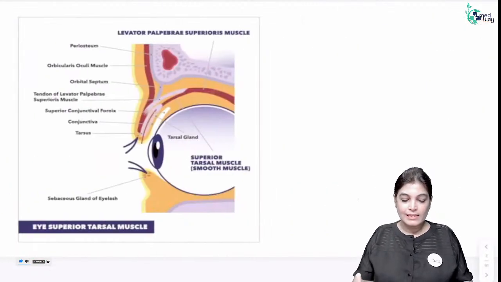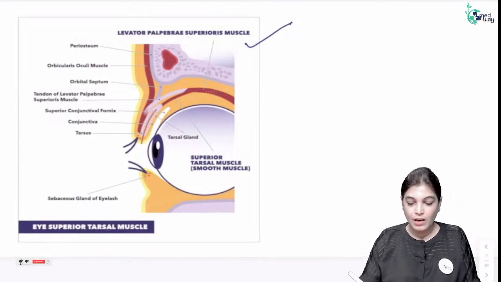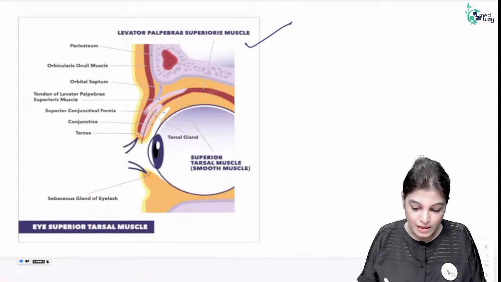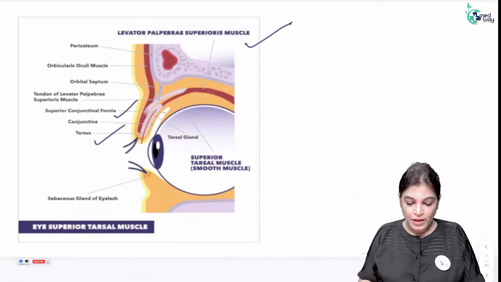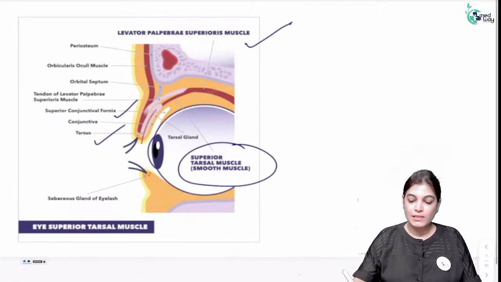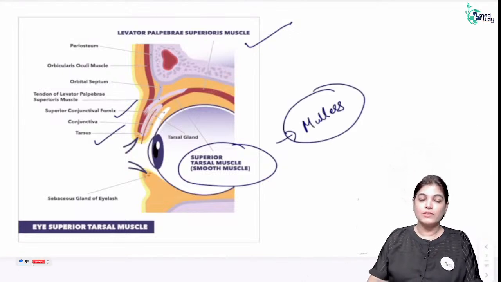Here we can see the LPS muscle, an extraocular muscle inserting into the upper eyelid, and it also merges with the superior conjunctiva and the tarsal plate. The smooth muscle fiber is the superior tarsal muscle, called Muller muscle, which is affected in Horner syndrome.